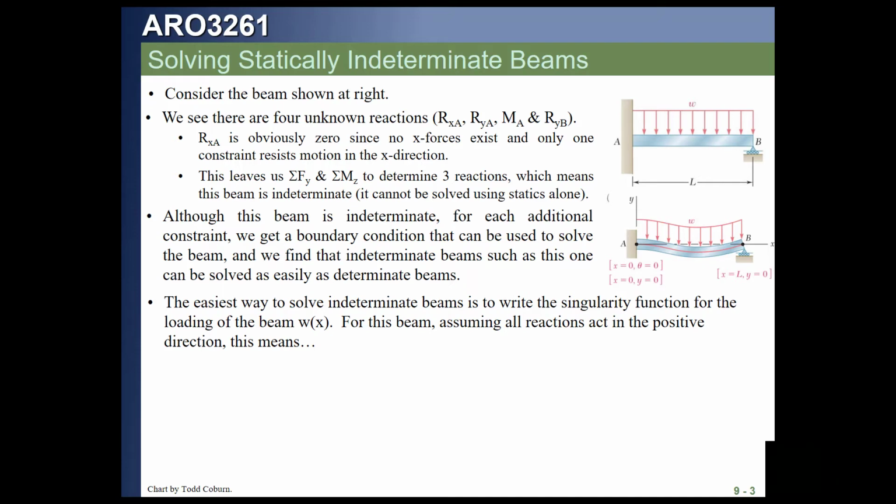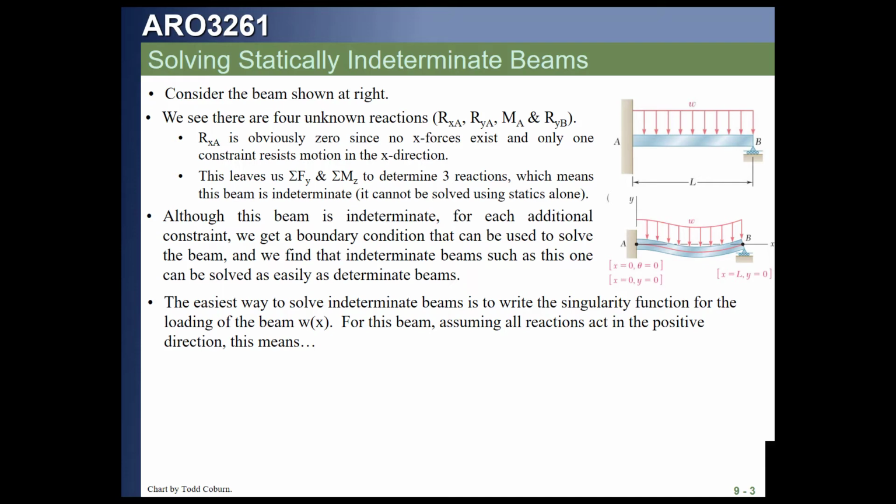We then integrate again, dividing by EI, and find the slope, and we account for our coefficient of integration. Then we integrate again to get the deflection of the beam, and once again a coefficient of integration pops up.